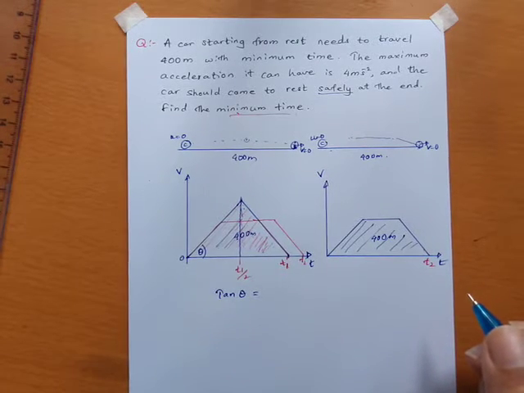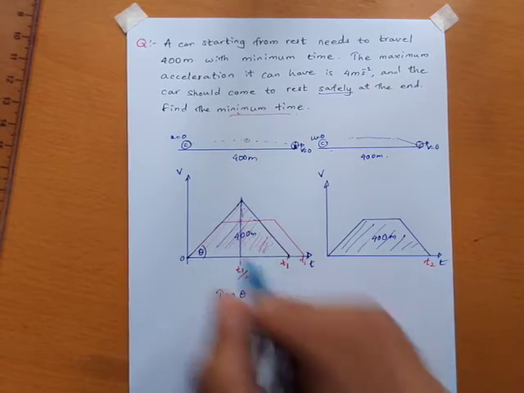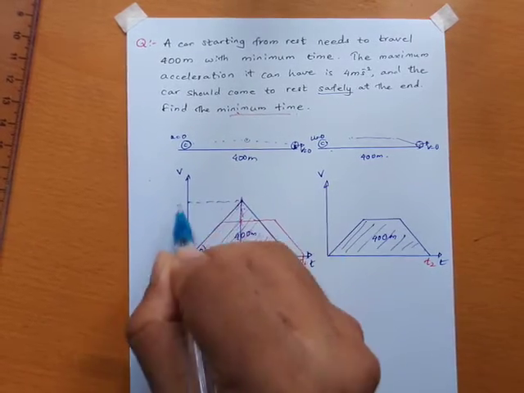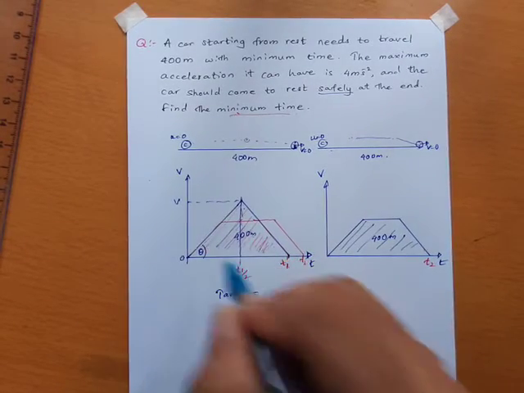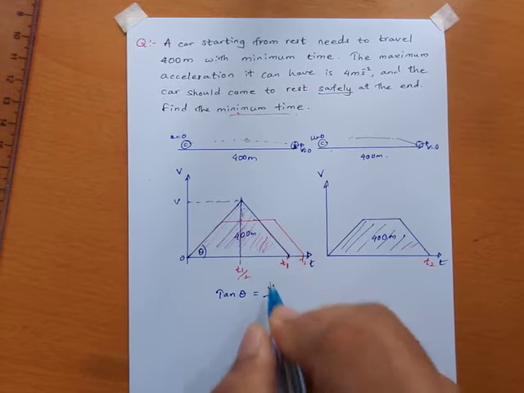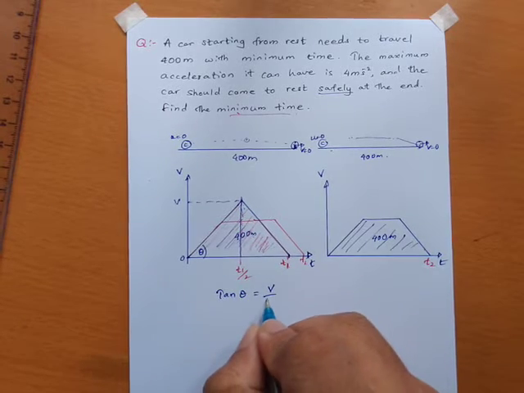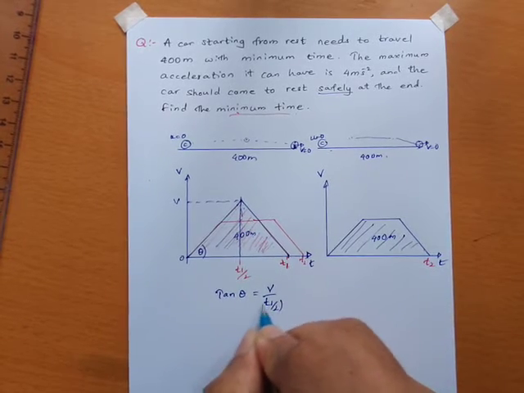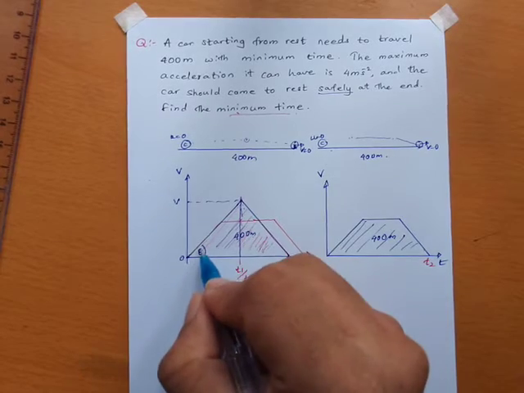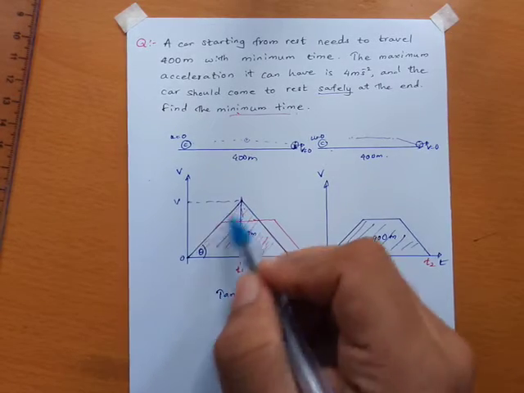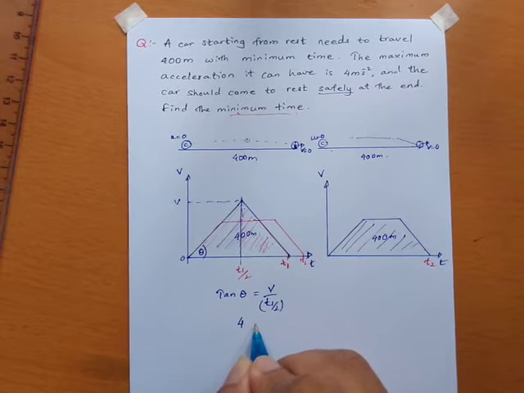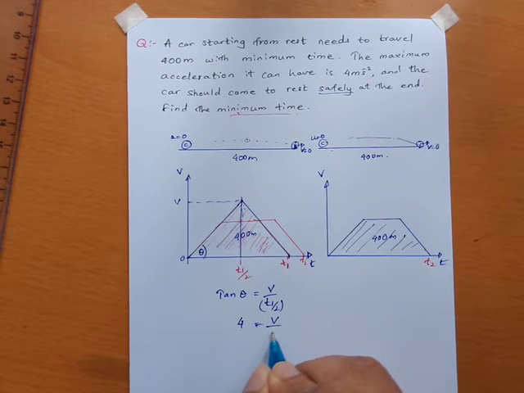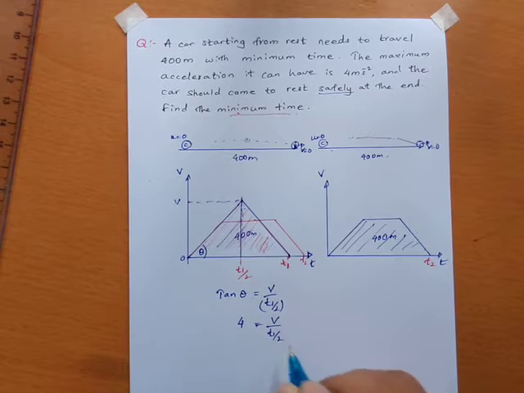Let's take this maximum velocity as v, right? So tan theta equals v divided by t1 divided by 2. And we know in a vt graph the gradient represents the acceleration, so acceleration is 4. So 4 equals v over t1 divided by 2.